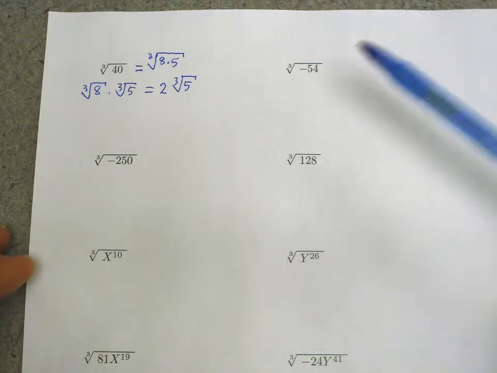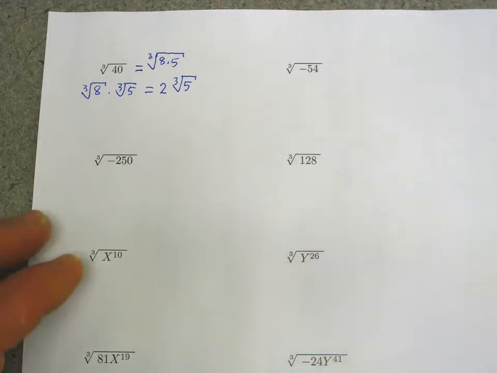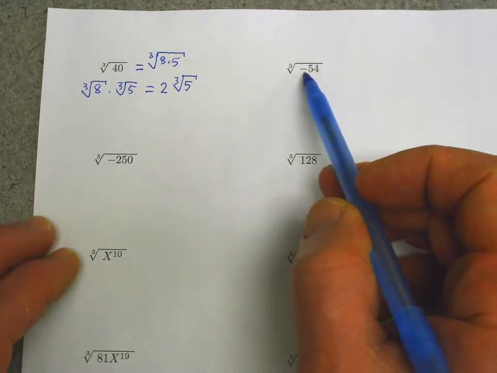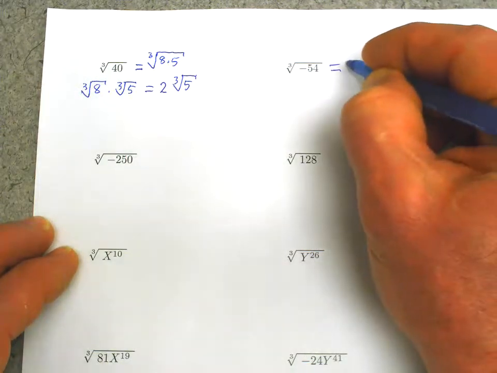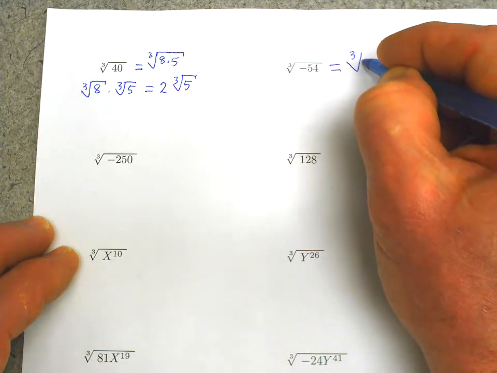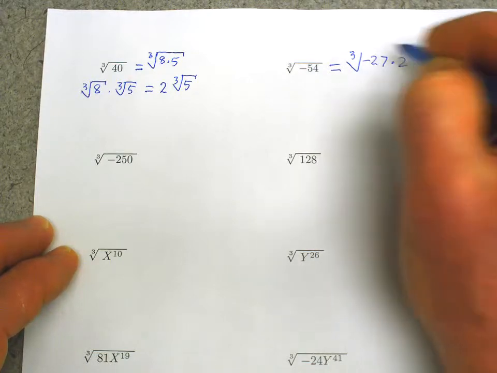27 is a factor of 54, and 27 is a perfect cube because 3 to the third power is 27. But since the radicand is negative 54, I want to write this as the cube root of negative 27 times 2.